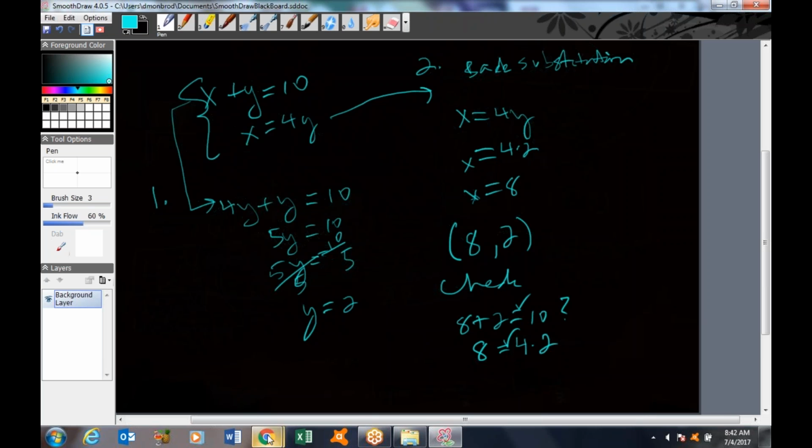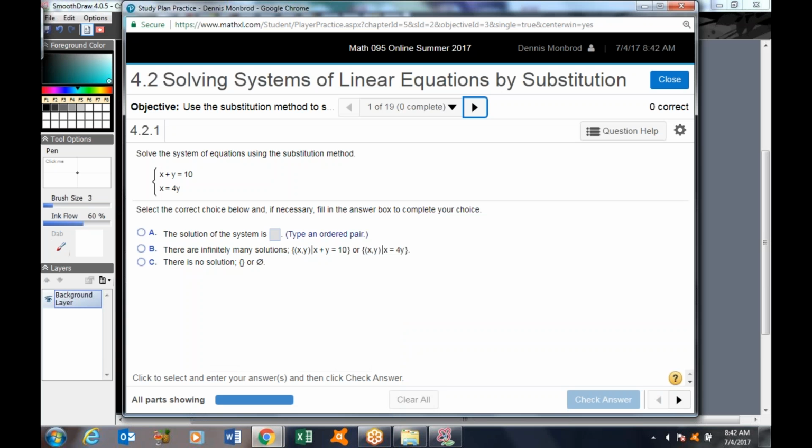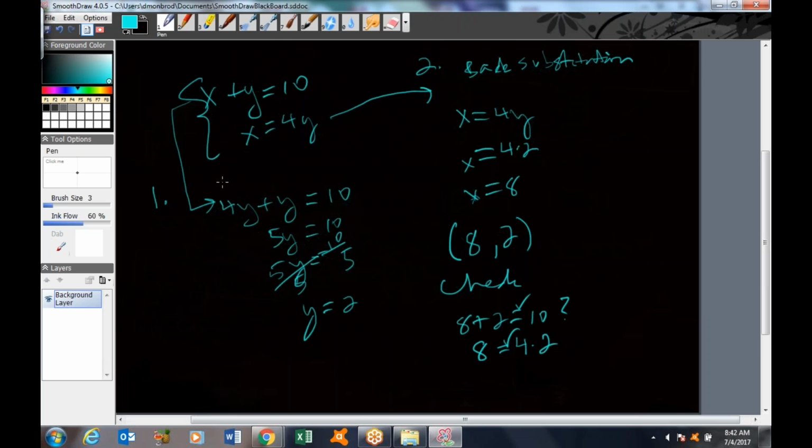Let's see. Maybe we can find another one here. Okay, let's go on to the next one. Here's one that's a little more complicated. y equals 4x plus 1. So let me just clear this.